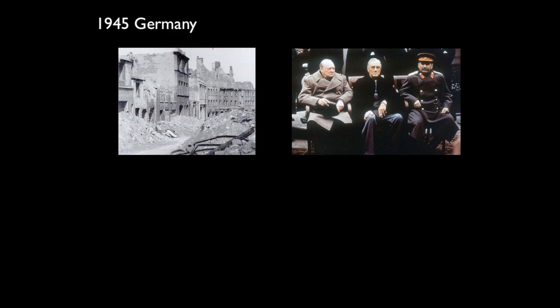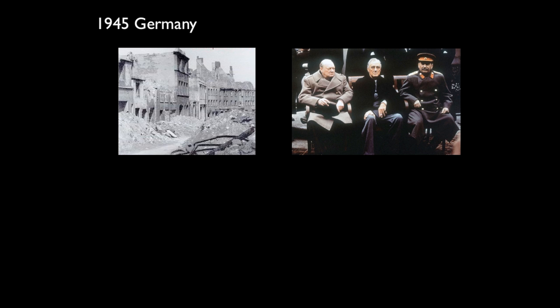The next series of slides show that the winners of the war met at Yalta in 1945 and divided Europe between them, setting the scene for the Cold War, in which fascism was replaced by communism as the enemy of the Western Allies, confronting capitalism at the Iron Curtain in Germany.